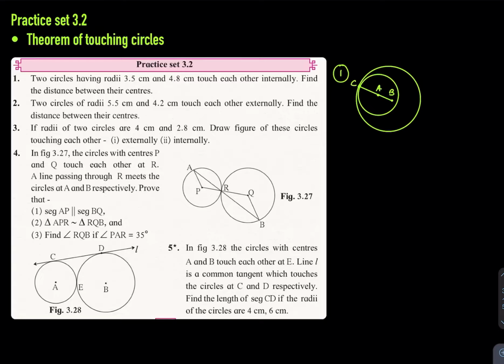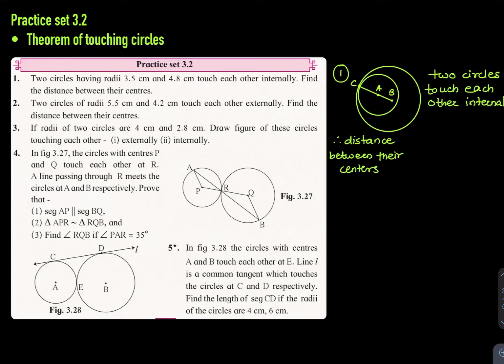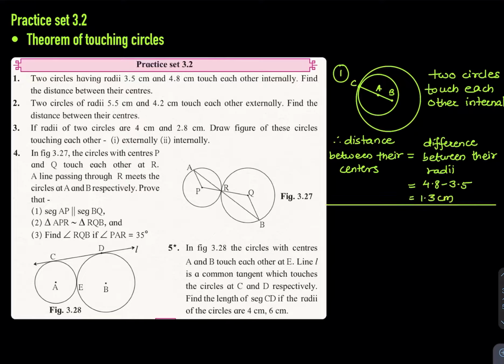Find the distance between their centers. So I have drawn the two circles touching each other internally, and now as the distance between their centers is given by the difference between the radii, so difference between the radii is 4.8 minus 3.5, which is 1.3 centimeter. So your answer is 1.3 centimeter.